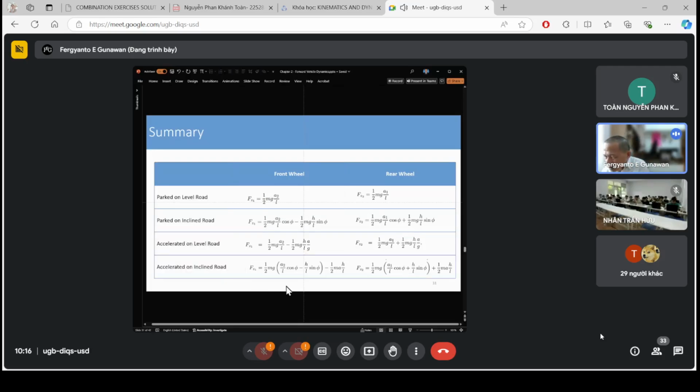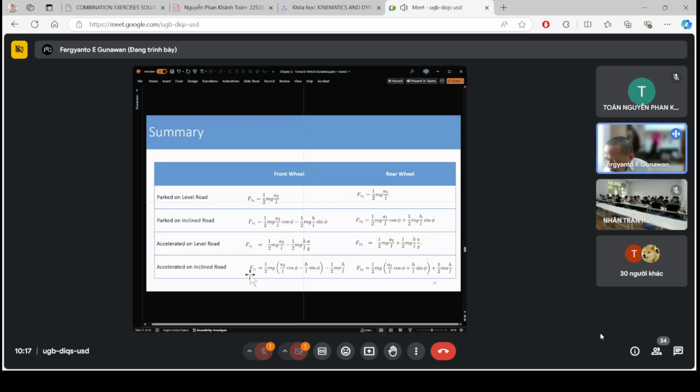As you can see, for parking on the level road, the force is just half of the weight, but on an inclined road we have to take into account the angle of the road, right? And when the car is accelerated, we need to take into account these inertial components, right? And when accelerated on the inclined road, we need to take into account the angles and also the inertial forces.